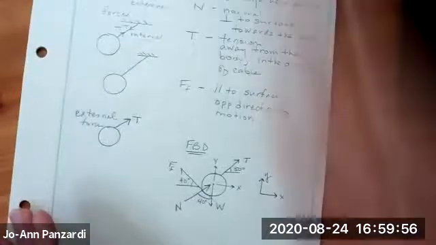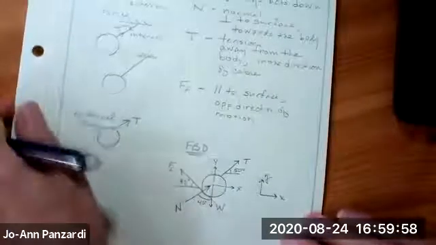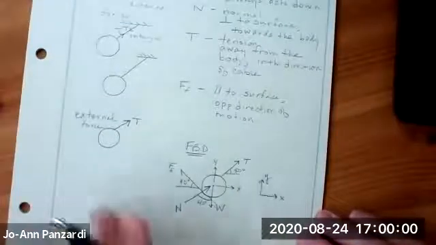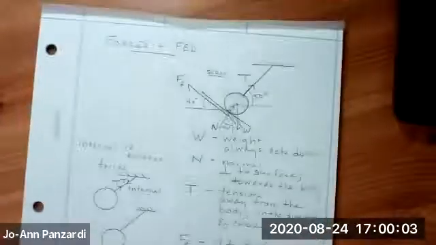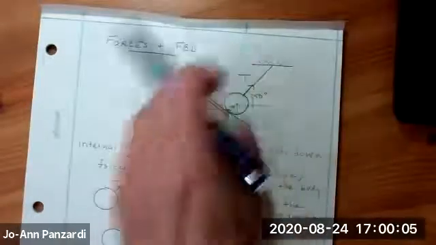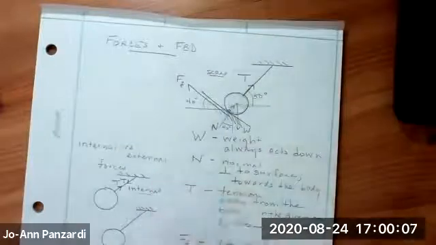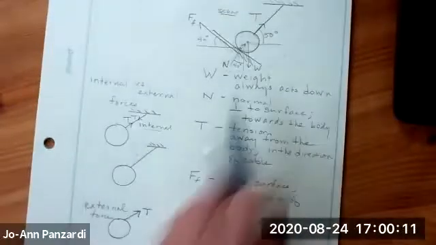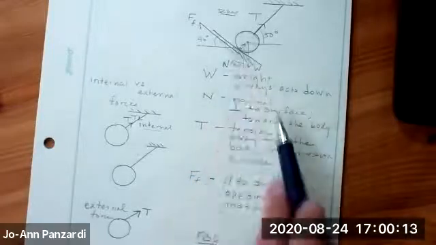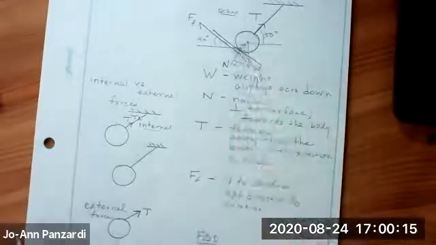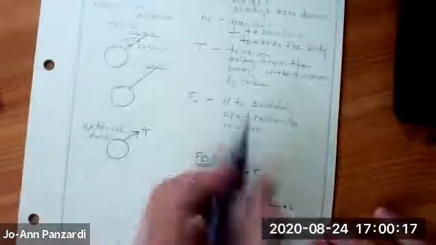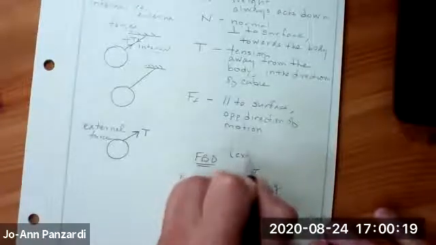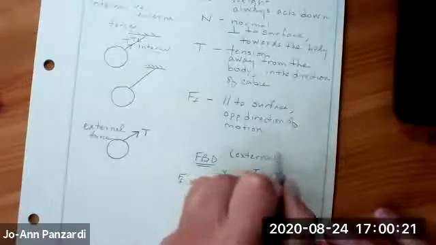The important thing now for you to realize is that a free body diagram has to represent the body, the forces on the body once it's removed from all its parts. Because if it's not removed from all the other parts that it's touching, you're really looking at internal forces. Free body diagrams only represent the external forces.